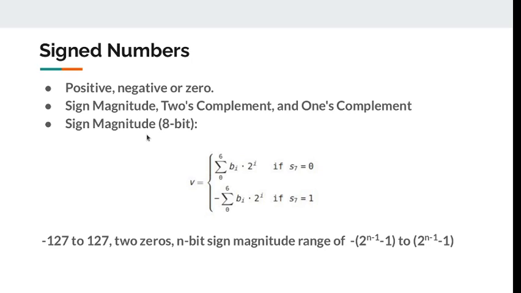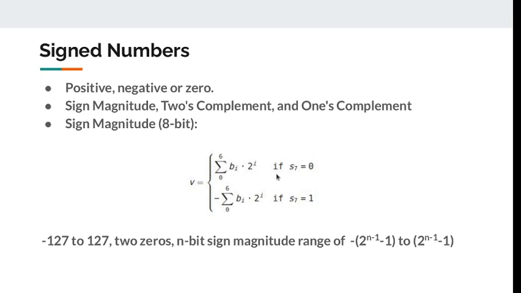For sign magnitude, the only change is that, for example with 4 bits, we use the first bit, the most significant bit, for the sign, and the other 3 bits are the same number that we had before. So here's the modified equation. In an 8-bit sign magnitude, we have positions 0 to 6.